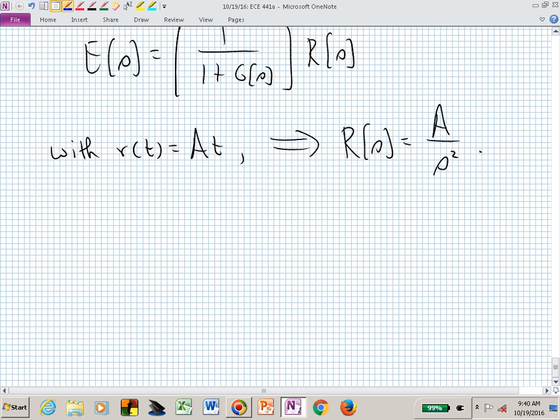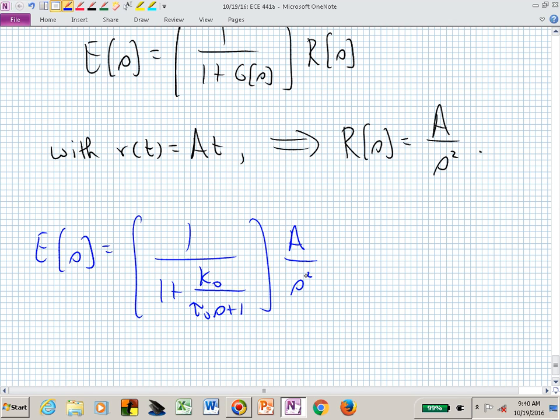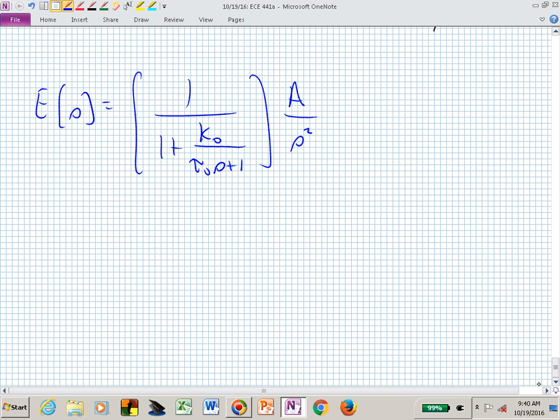We have E of S is now this 1 over 1 plus K sub 0 over tau sub 0 S plus 1, times A over S squared. So I'm just looking for the error signal. I'm not trying to apply the final value to it.